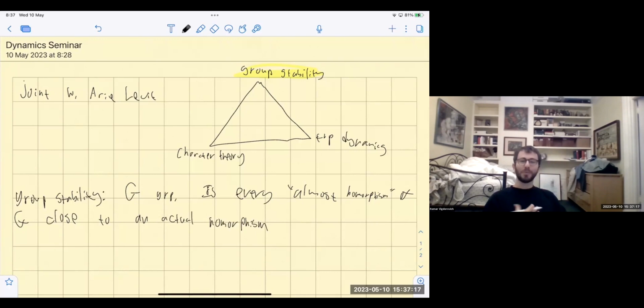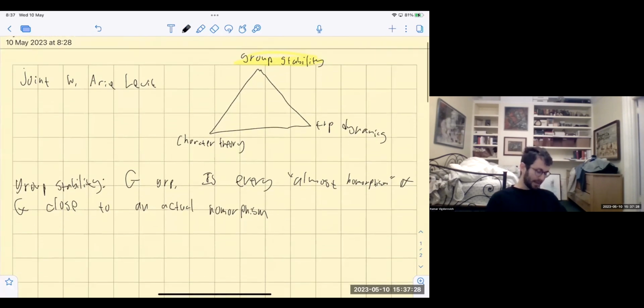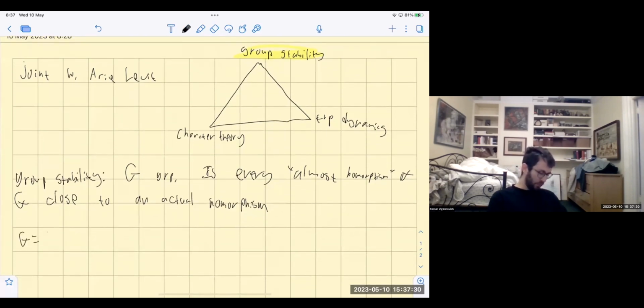So what is an almost homomorphism? I won't define this yet, but I would say that G is stable if this phenomenon occurs. Let's take an example. If G is Z^2, and let's say the target group is the unitary group, so we have a map F, and G is generated by the two standard elements, maybe I call them e1 and e2.